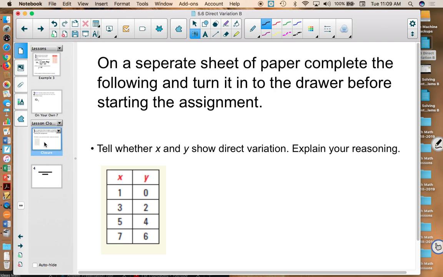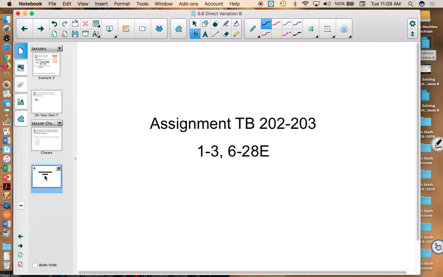Okay? And then the last page of your, now this page is on your notes. Okay? This page is not. So you'll need to write that down for yourself. Because this is the assignment. But this other is done before you do that, because I'm going to look at them real quick and I'm going to give you points for it.